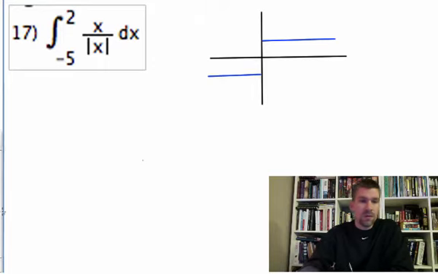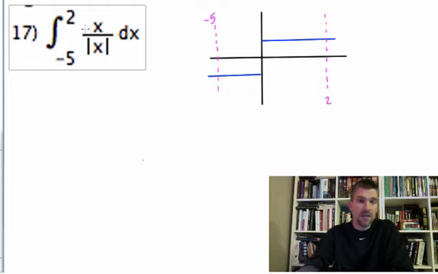Okay, now what we're going to do is talk about the area under the curve from -5 to +2. Now I'm drawing it this way for a reason. Okay, from -5 to +2. So there's two things. We want to find the area and we want to find our point of discontinuity.